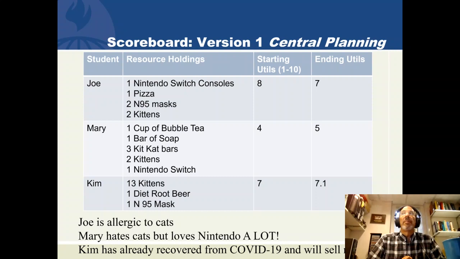So this is probably oppressive to Joe. And part of the real problem with what went on under central planning is that the dictator never sat down with Joe, Mary, or Kim and asked them, what do you want? They just thought they knew everything and went around moving stuff around.